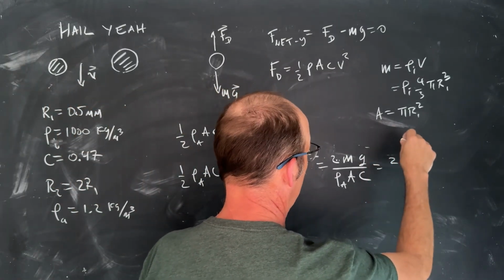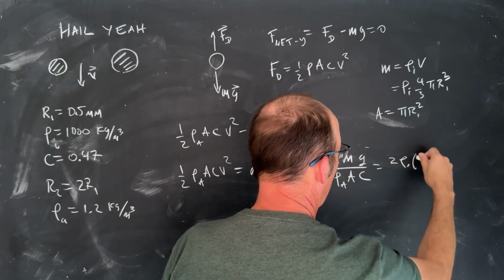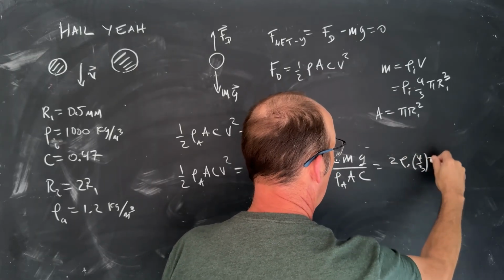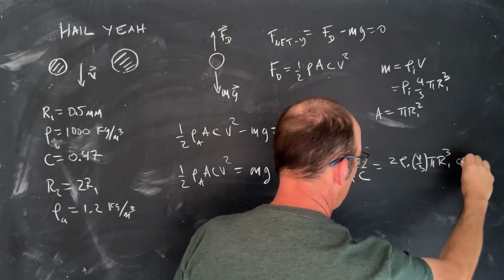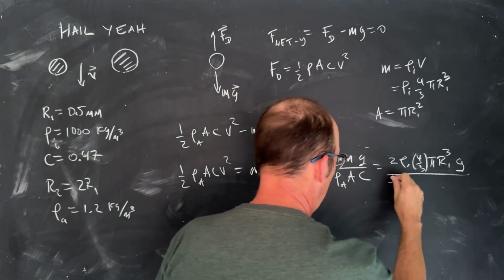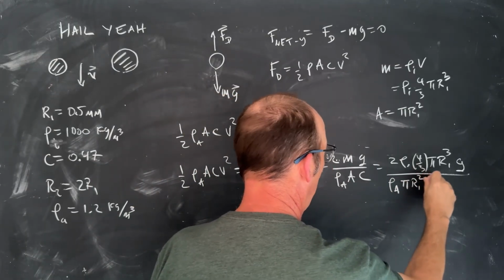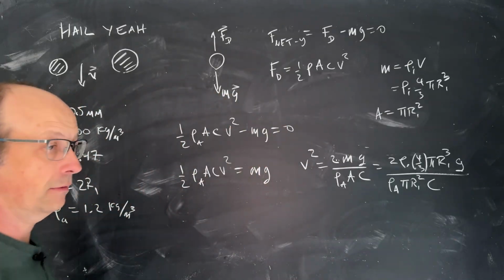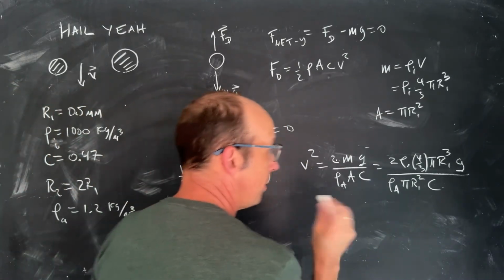2 times the mass, which is this, rho ice, 4/3 pi r1 cubed times g. All of that over density of air times the area, pi r1 squared times C. Notice that some of my r's cancel, but they don't completely cancel.